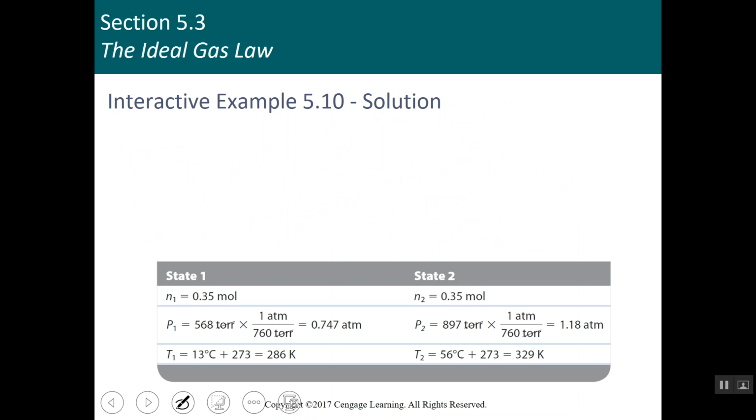So notice in this particular data table, they have indicated the number of moles initially and at the end. They have changed both pressures to atmospheres by dividing by 760 torr, and they have adjusted both temperatures so that they're in Kelvin by adding 273.